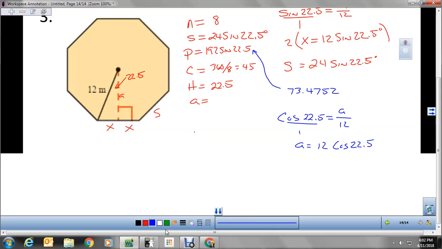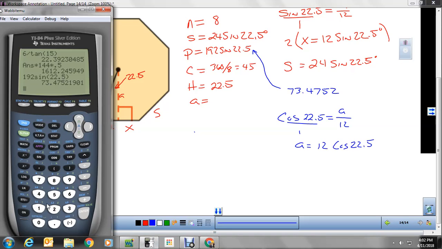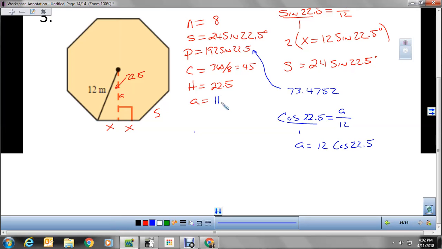So that decimal is going to be 12 cosine 22.5. That's going to give us 11.0866.